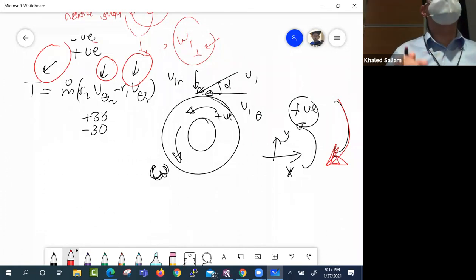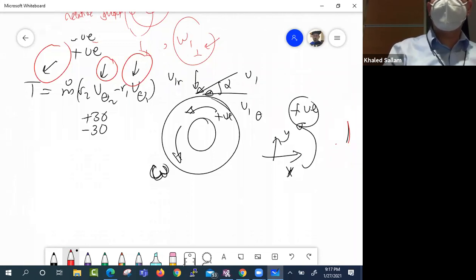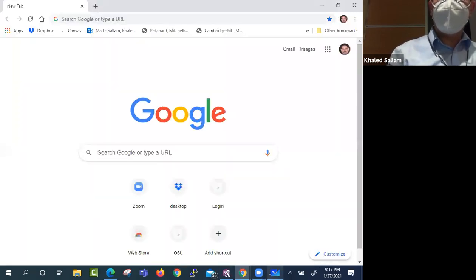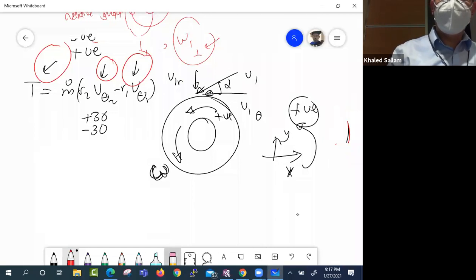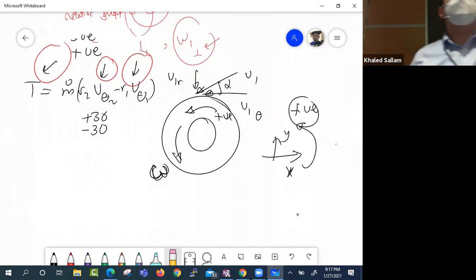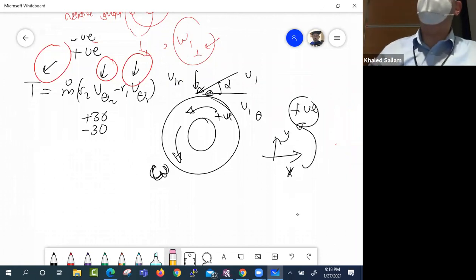If you're moving against, it's negative, and you will still get the same answer. But I just think it's wise and good practice to stick to the counterclockwise direction. Okay. But don't panic if you see someone choosing the positive direction to be clockwise, not counterclockwise.